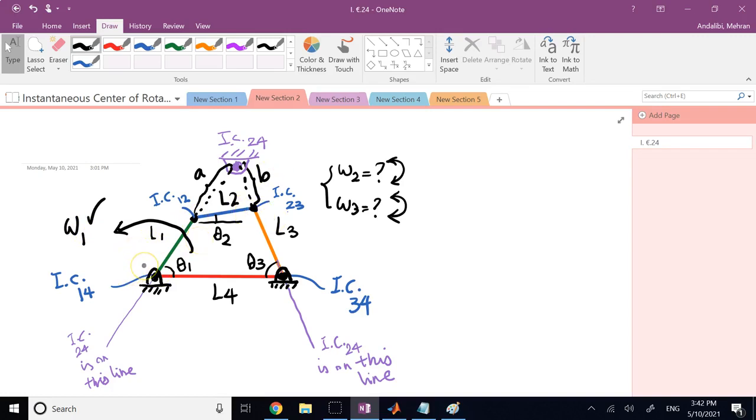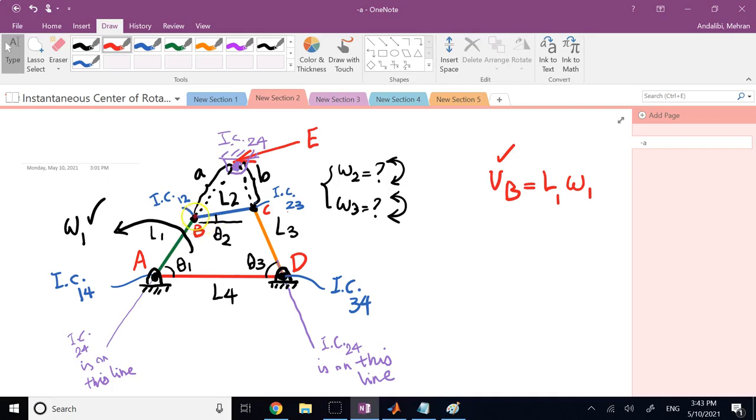I would call them points A, B, C, D, and E. Now I can say that V of point B is clearly the distance L1 times omega 1. And since L1 and omega 1 are both given, I know V of B.